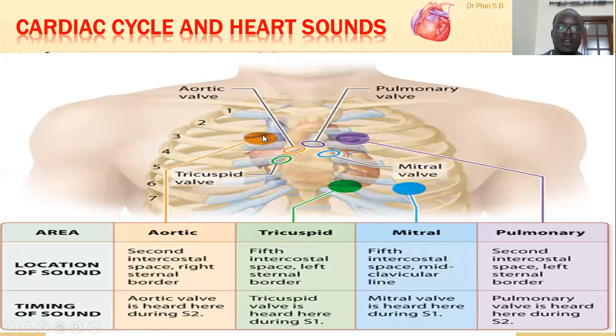For the aortic valve, you place your stethoscope in the second intercostal space, right sternal border, on the right side of the sternum, and you'll be able to get the closure of the aortic valve. Then again within the second intercostal space, but now on the left sternal border, this is where you can get the closure of the pulmonary valve. So you have the lub dub sound.